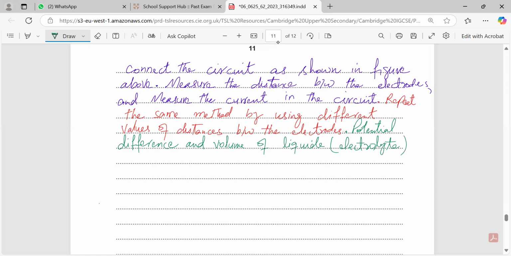Even the depth of the electrodes in the liquid will also matter. Concentration of the liquid will also matter. Why am I writing liquid with the wrong spelling today? The liquid, electrolyte, must be kept constant, or you can write must be controlled.